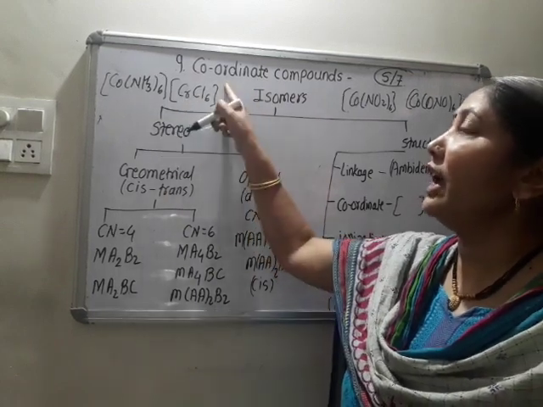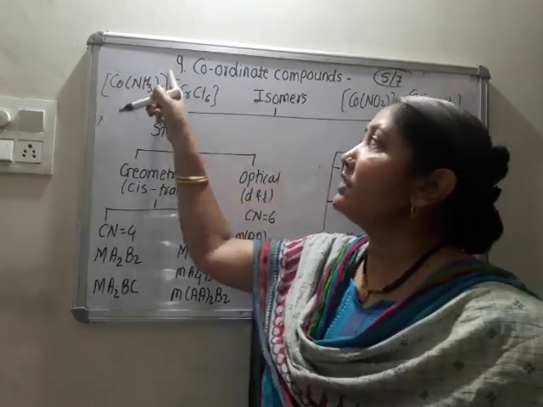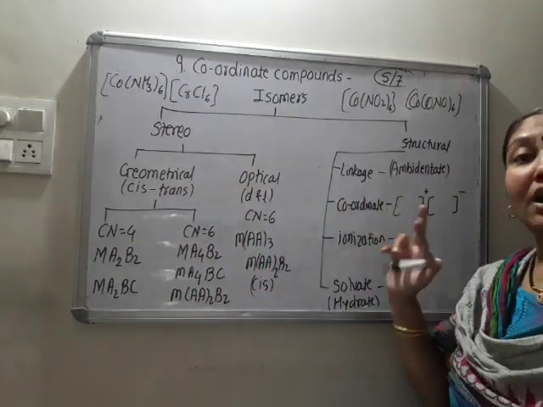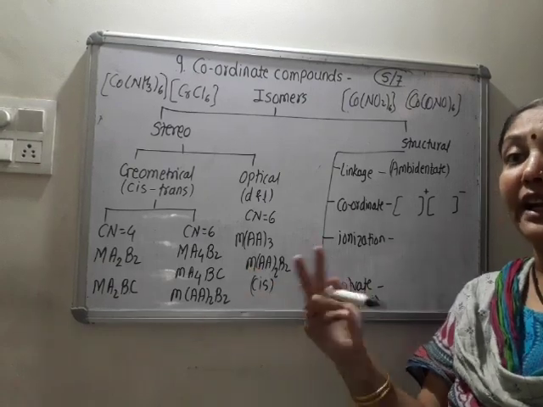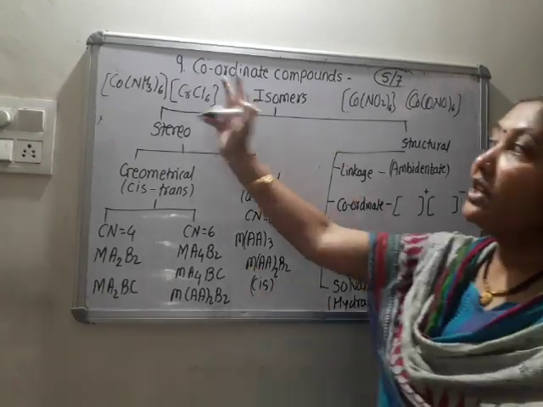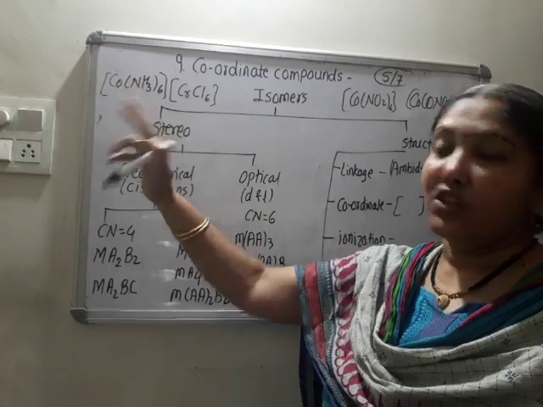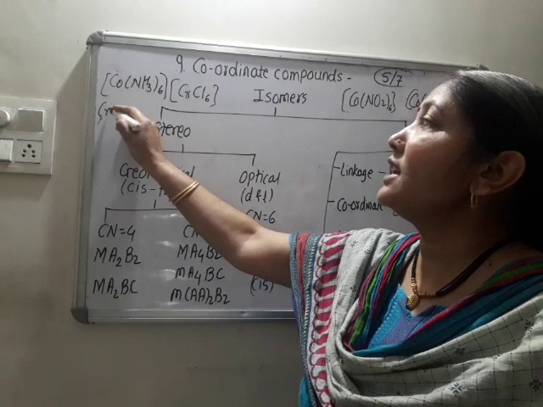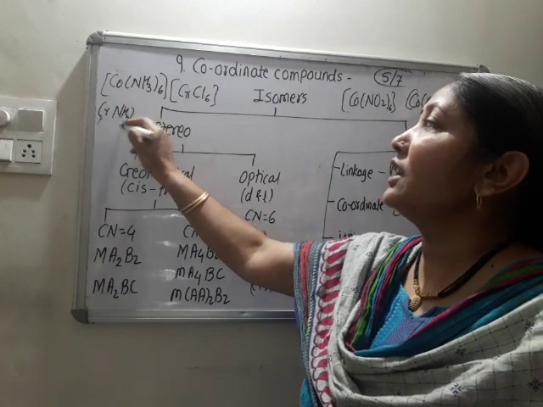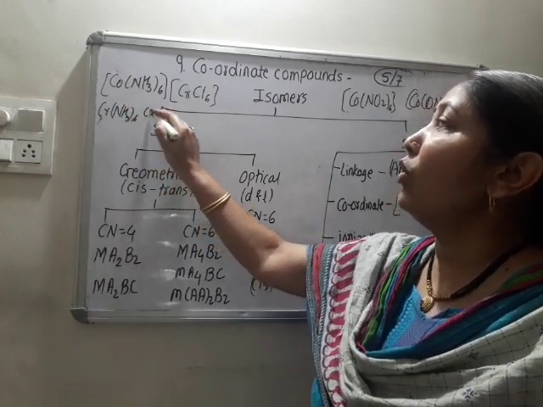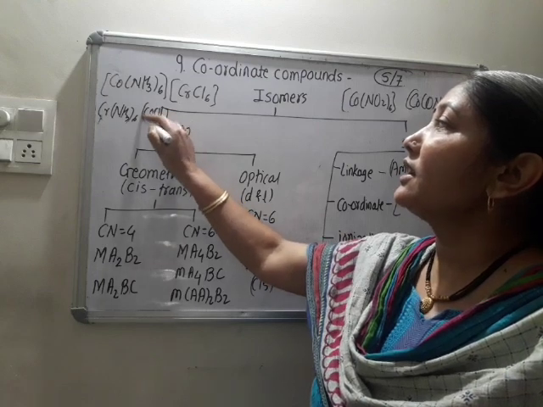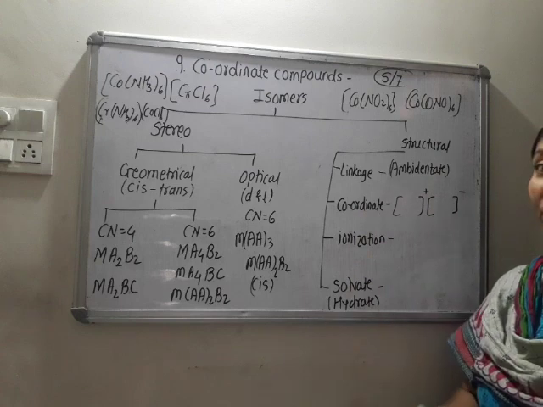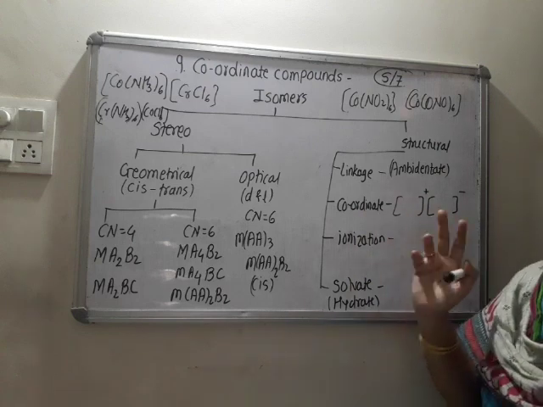So Cr will have a -3 charge and this will have a +3 charge. So coordinate means both should be complexes, cation and anion. And how do we get coordinate complex? Just interchange their ligands. Its example is Cr(NH3)6 Co(Cl)6. Okay, this is an example of this coordinate complex.